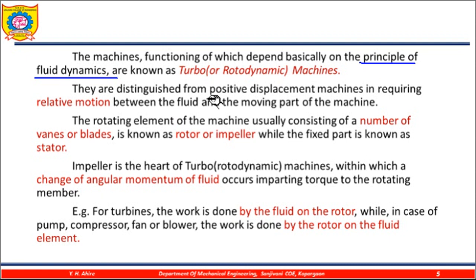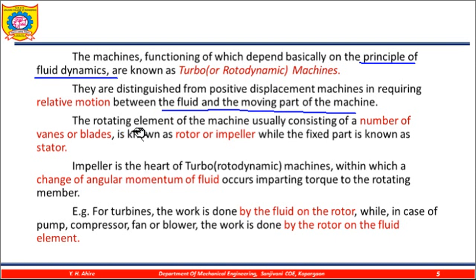This is classification based on principle of working. They are distinguished from positive displacement machines in requiring relative motion between the fluid and the moving part of the machine. So in a turbo machine, what difference we see? There is a relative motion between the fluid and the moving part of the machine, unlike positive displacement machines.